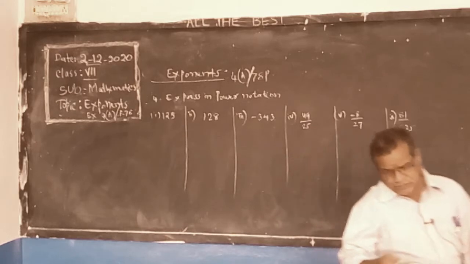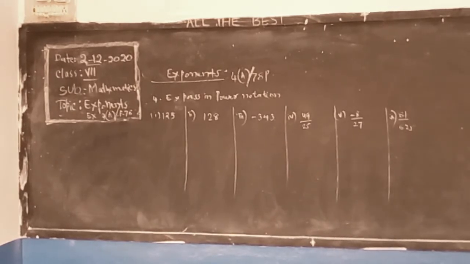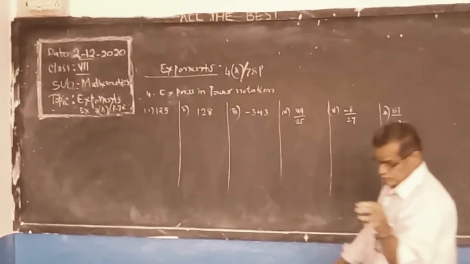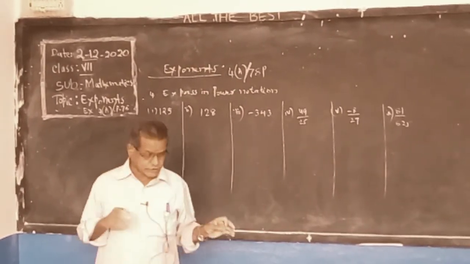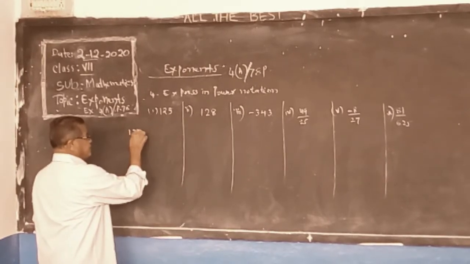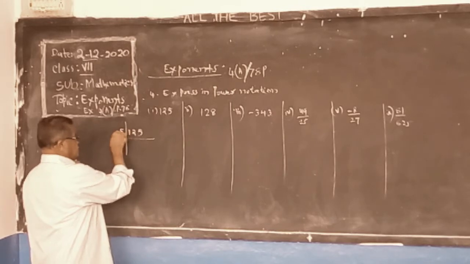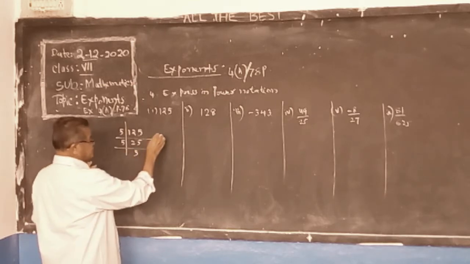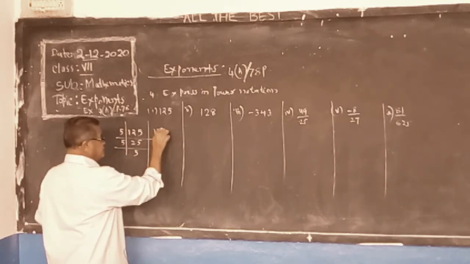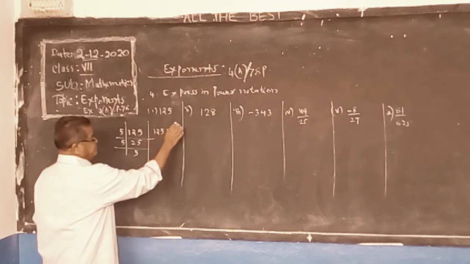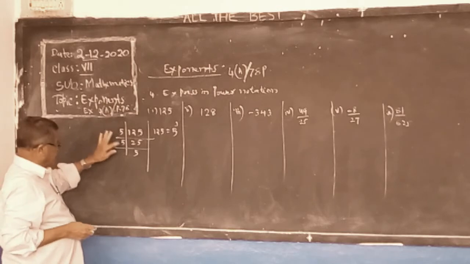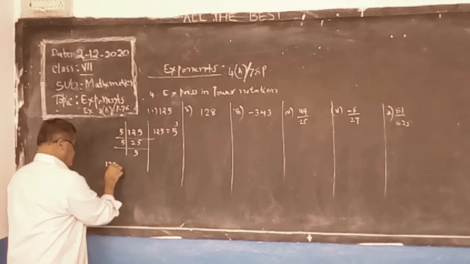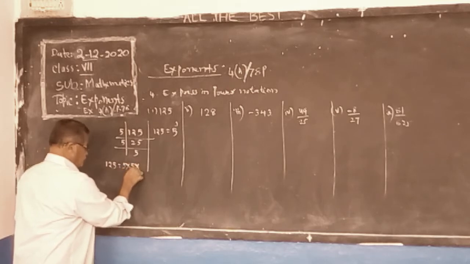How to do it? Let us write the prime factorization. Prime factorization of 125. It ends in 5, so it is definitely divisible by 5. 5 fives are 25, 5 fives are 125. So 125 is equal to 5 into 5 into 5.